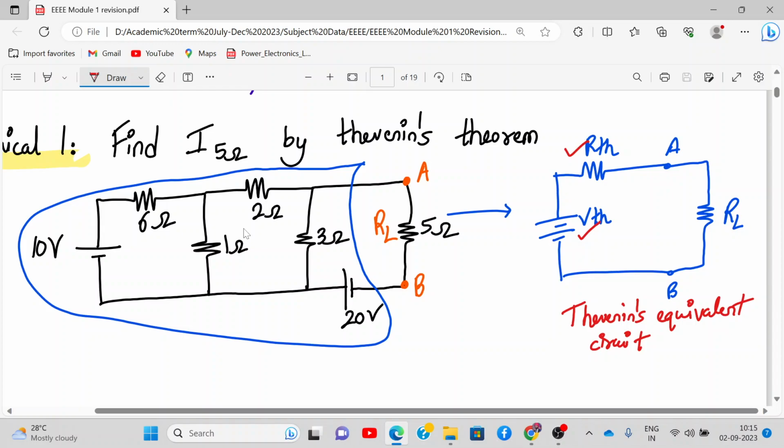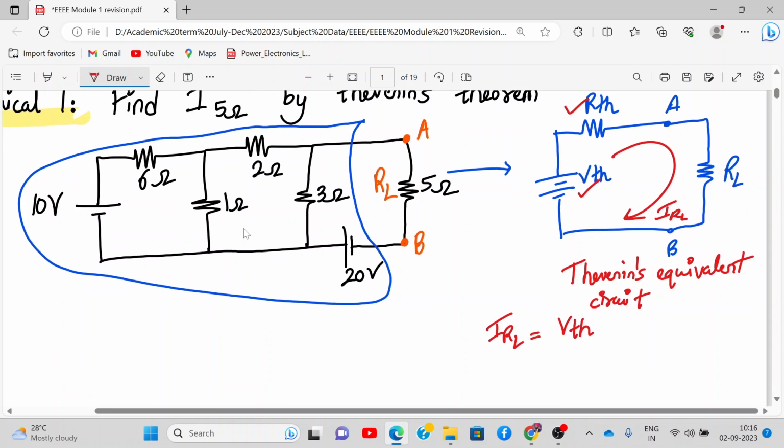You will understand now how we will find out. We have to calculate the value of VTH and RTH, then make this Thevenin's equivalent circuit, and from here calculate the current IRL, let's say. So what will be IRL over here? It will be VTH upon RTH plus RL.